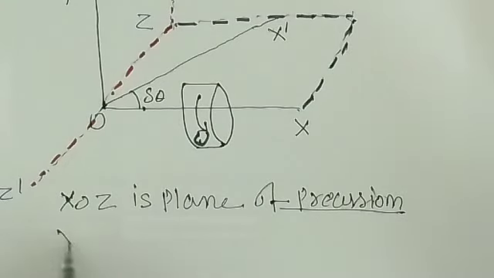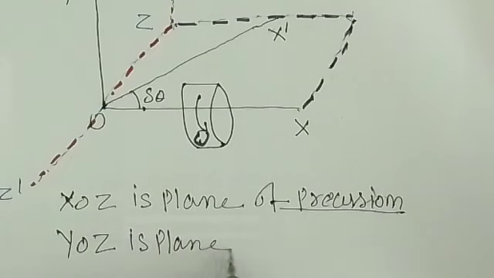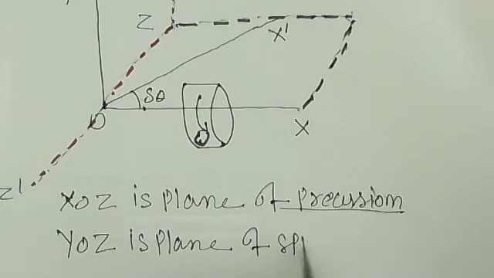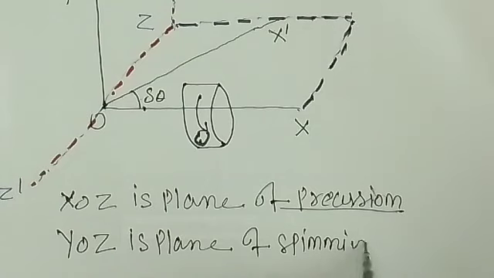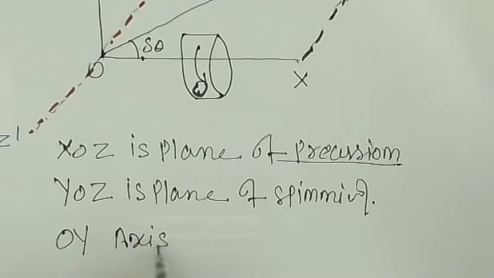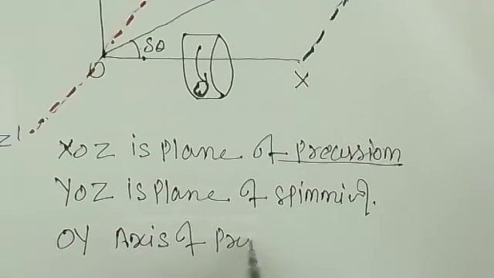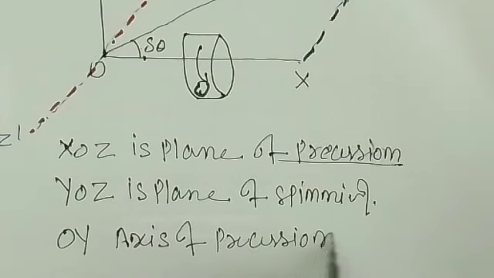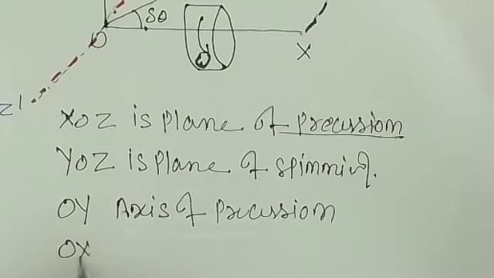And YOZ is the plane of spinning. And OY is the axis of precession, and OX is the axis of spin.